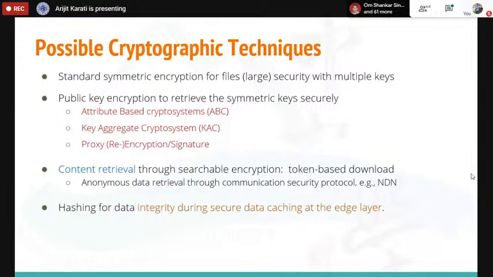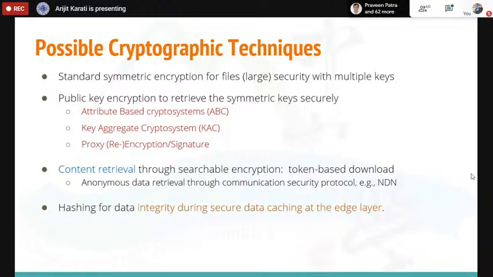To encrypt large volumes of data or files, we always follow symmetric encryption, right? For encrypting the data using symmetric encryption we need a symmetric key, and that key can be further encrypted using public key cryptographic techniques.